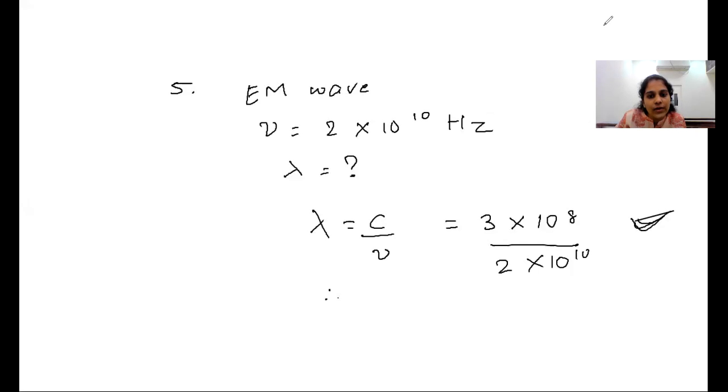Miss, is it necessary to write in 2 marks questions also? Yes, of course it is necessary. If it is an MCQ, obviously in an MCQ you will do it in rough work, so it doesn't matter. But 2 marks, 3 marks, 4 marks, numericals have to be in this pattern only. See students, these are very simple sums, so you can't take a chance of losing marks over here.